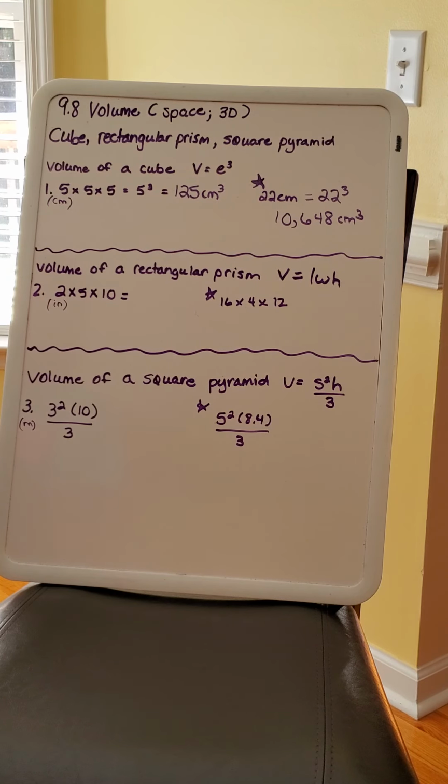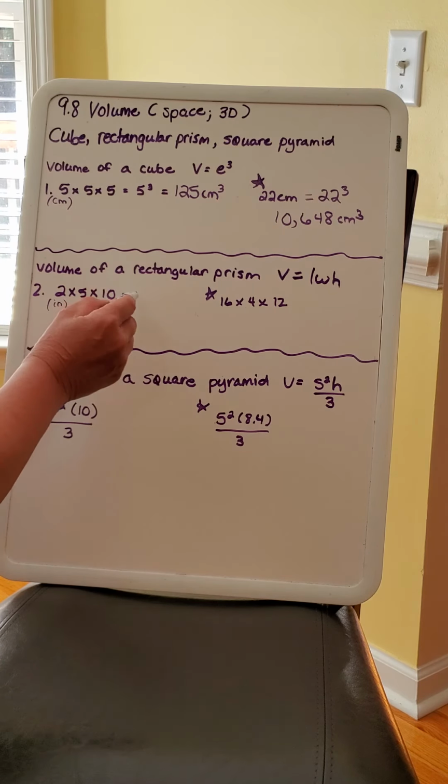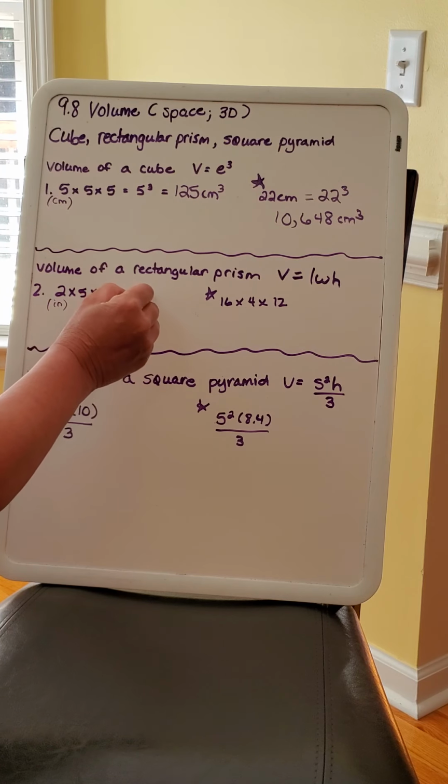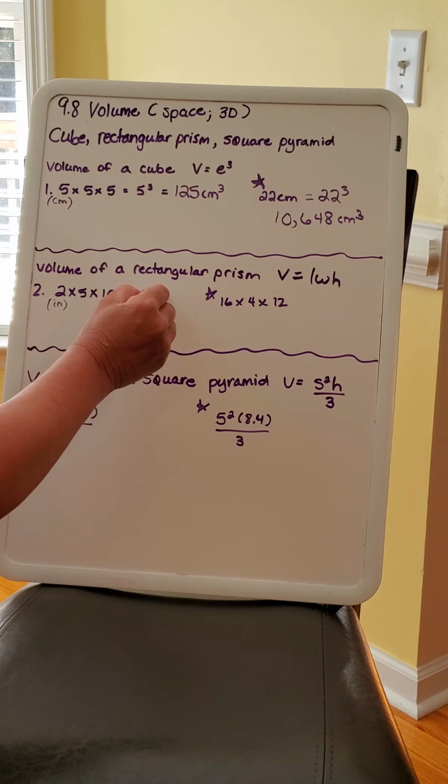With the rectangular prism, volume is equal to length times width times height. For number 2, on page 262, we have 2 by 5 by 10. You just multiply the numbers together. 2 times 5 is 10, 10 times 10 is 100. So 100 inches cubed.